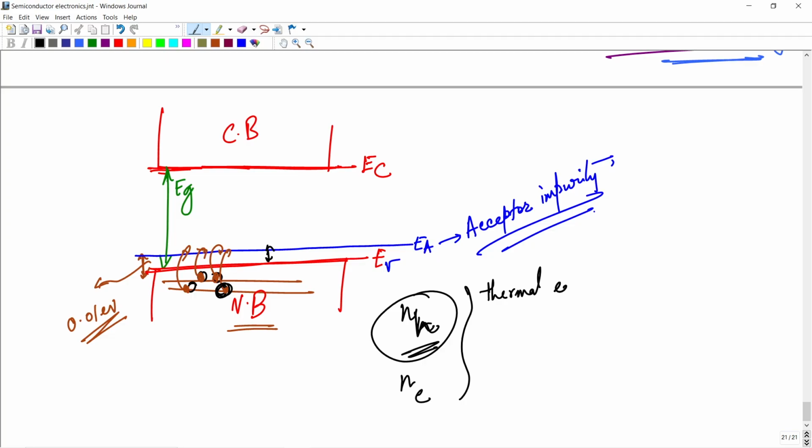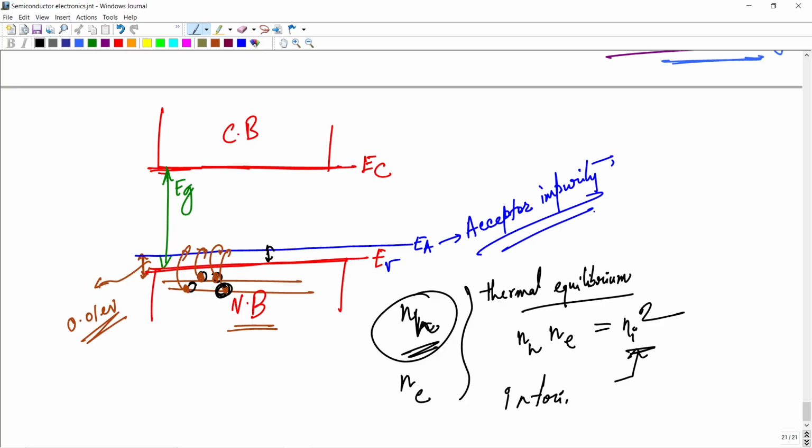If I multiply the number of holes and the number of electrons, you get Ni squared. What is Ni? Ni is the intrinsic carrier concentration.